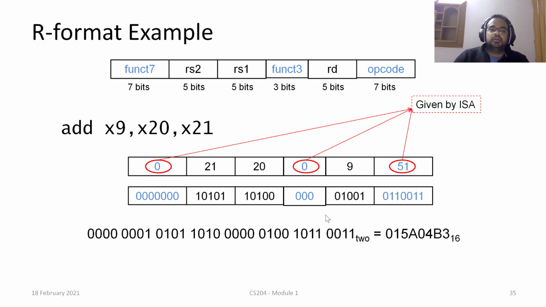Together, if we group them in nibbles, 015A04B3 is the hexadecimal representation of add x9, x20 and x21. So this is the machine code of this add operation.